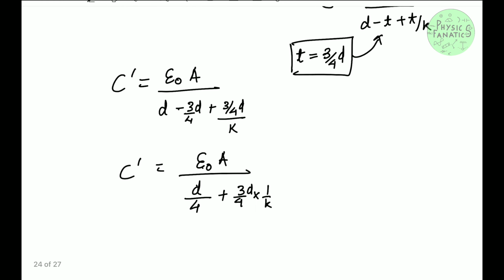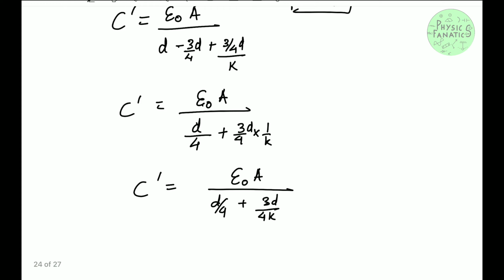So C dash will be equal to epsilon naught times A upon d by 4 plus 3d upon 4K. Taking d common, epsilon naught times A upon d, multiplied by 1 by 4 plus 3 upon 4K.